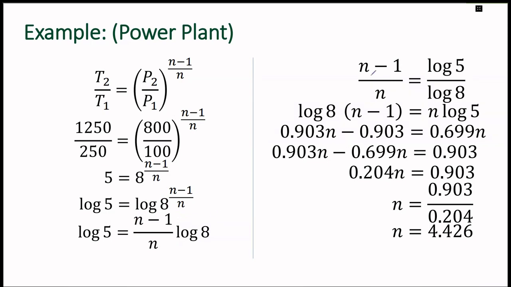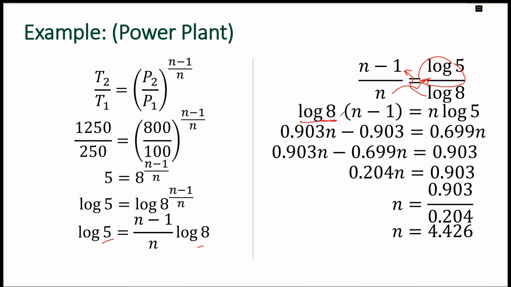And then we have n minus 1 over n equal to this original expression, log of 5 over log of 8. We cross multiply, so we have log of 8 times quantity n minus 1 is equal to n log 5.